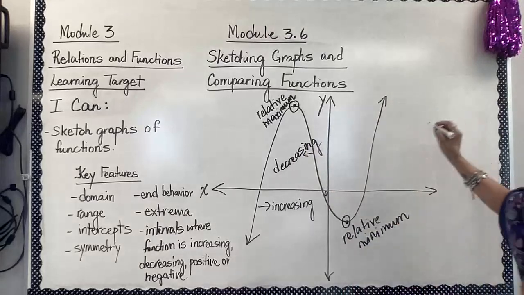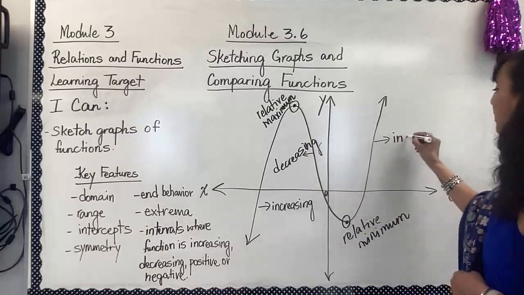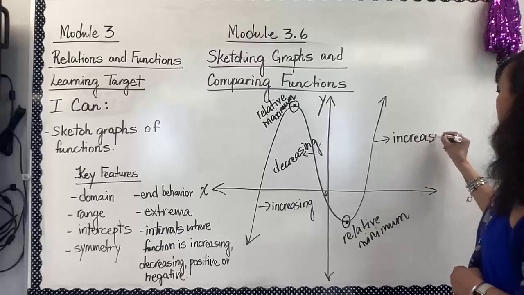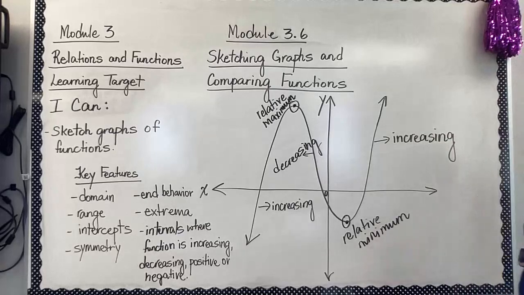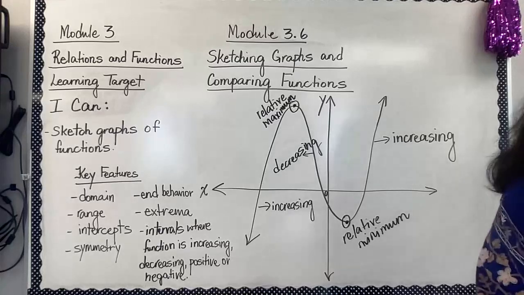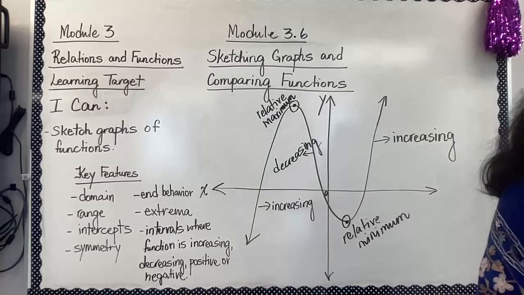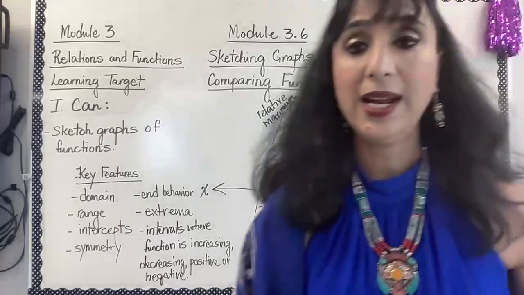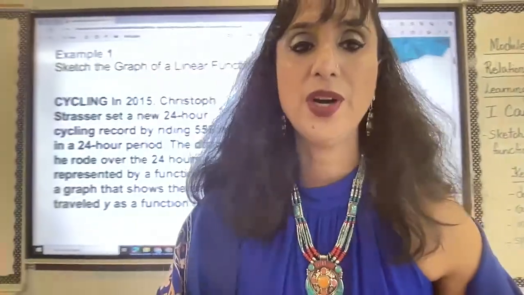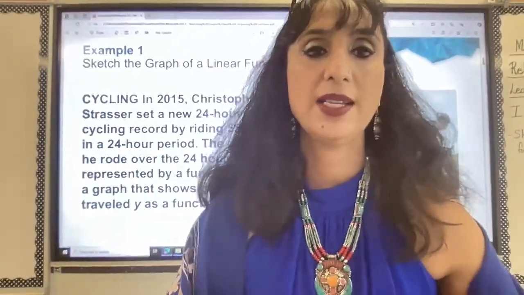It is again increasing. So this is what we've got to first identify. We've got to label the graph or identify its key features, and then we can sketch the graph of a function. So let me take you to a question on my whiteboard.